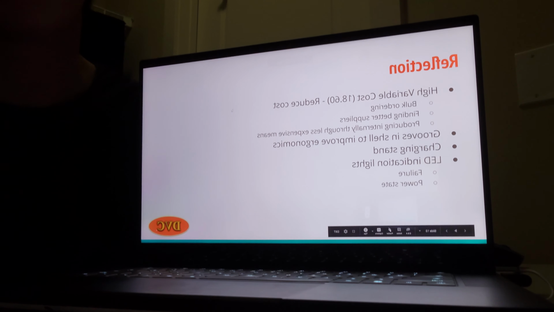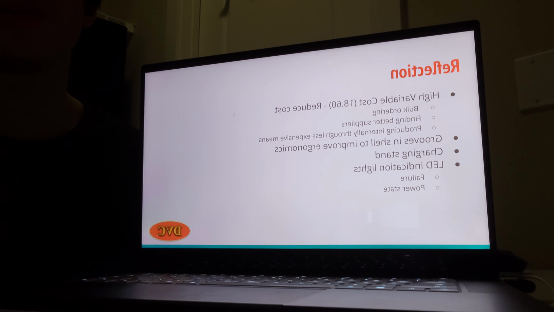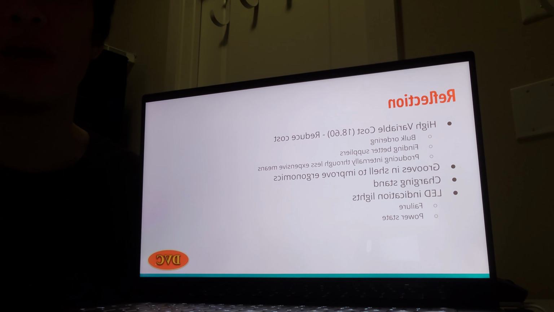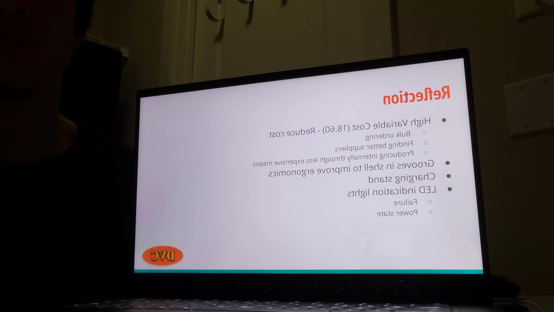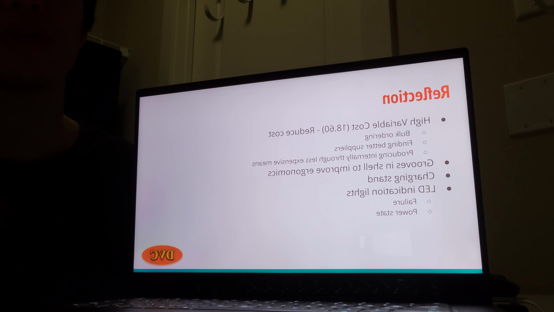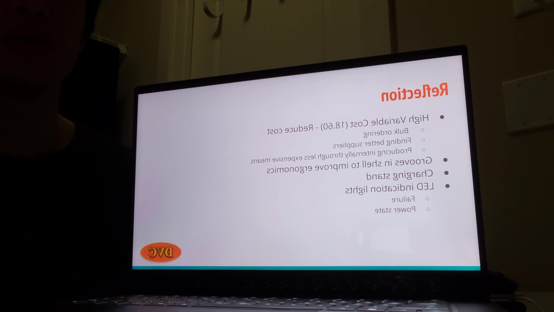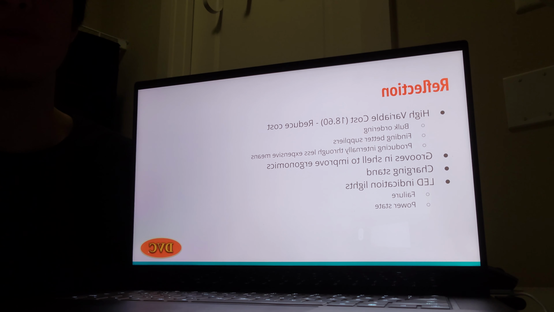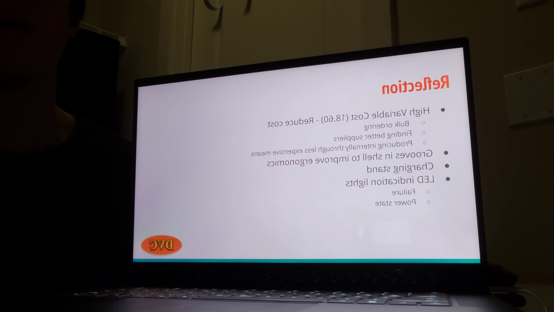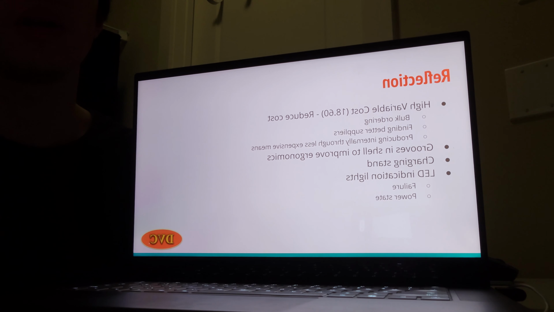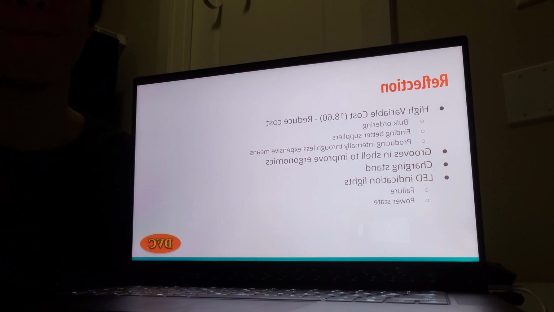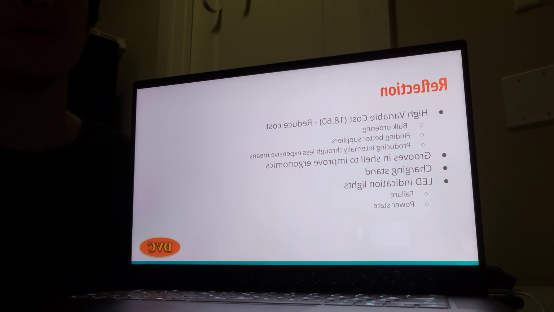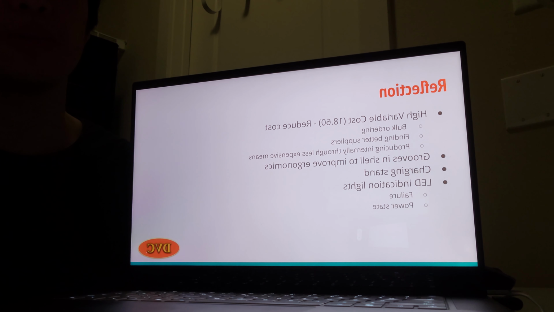The next thing is reflection. We have a high variable cost of $18.6. These costs can be reduced. We can find a cheaper supplier, and we can also find less expensive components.